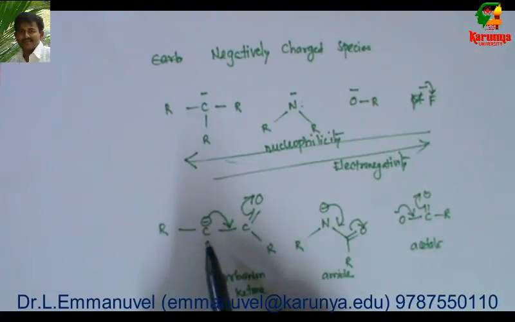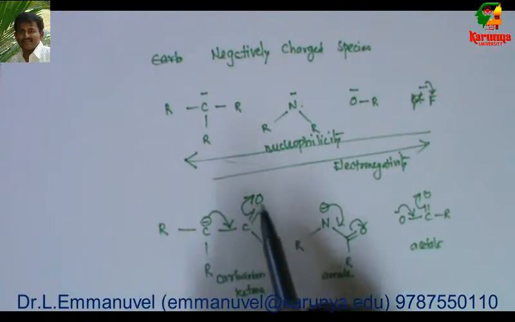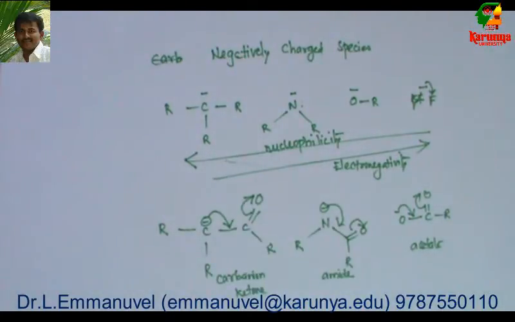It is more stable than this one. If it is more stable, the reactivity will be very less. So compared to this one, this carbanion has lesser reactivity, lesser electron density because it delocalizes on this carbonyl group also.